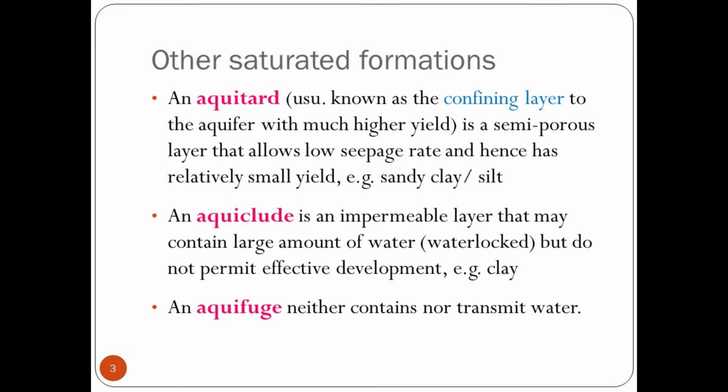An aquifuge is an impermeable geological formation which is neither porous nor permeable, which means it cannot store water in it and at the same time it cannot permit water through it. Compact rock is an example of an aquifuge.